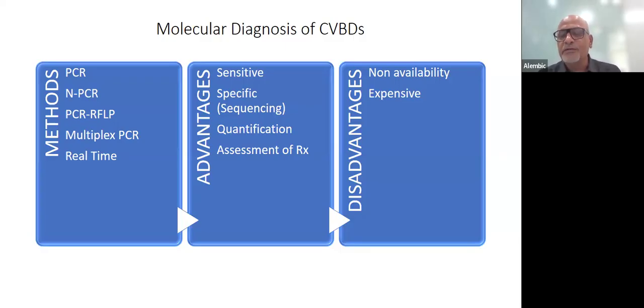When we started doing a nested PCR in our laboratory at Bombay Veterinary College, way back, I think in 2006 or 7, we were giving these services to the pet practitioners of Mumbai. And then I found that quite a few samples were turning positive.